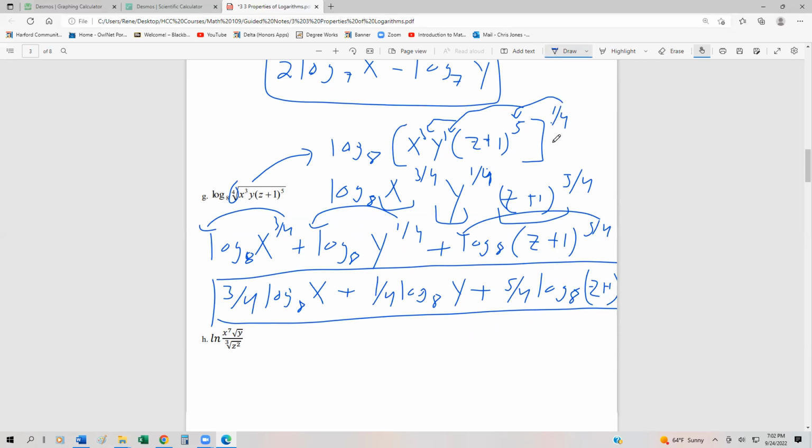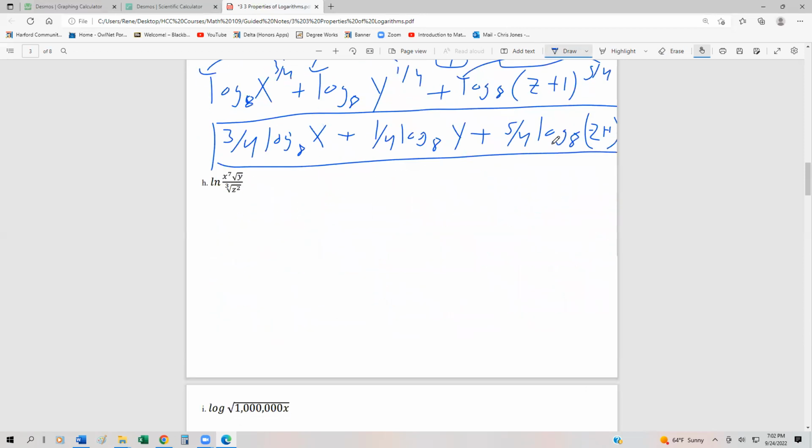Okay, all right. In a similar fashion, now we have ln of the 7th root of x times the square root of y, over the third root of z squared. And so we're going to write this as ln x to the 7th. Remember, if it's a square root, there's an implicit 2 as the index, so this would be a 1/2. And then the third root of z squared becomes z to the 2/3.